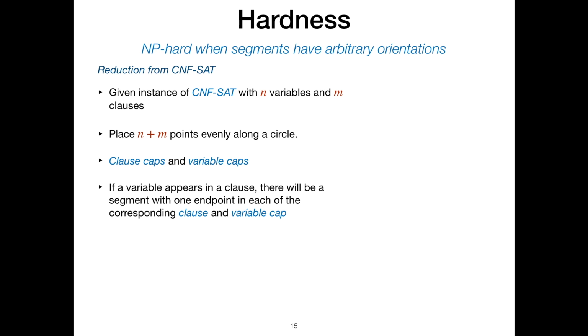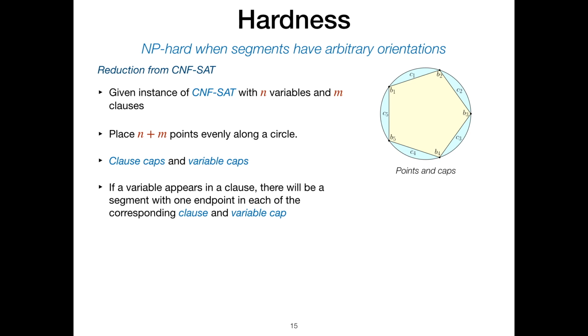Specifically, given an instance of the SAT problem with n variables and m clauses, we place n plus m points evenly along a circle in the plane. Imagine if we conceptually remove the convex hull of these points, then we will have a set of disjoint caps. These caps include m clause caps and n variable caps.